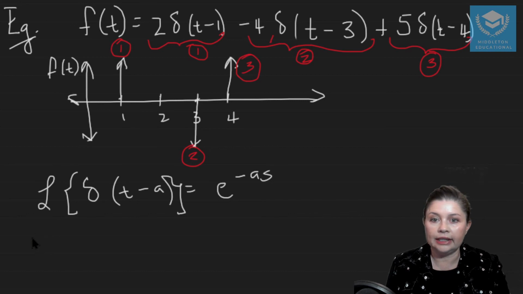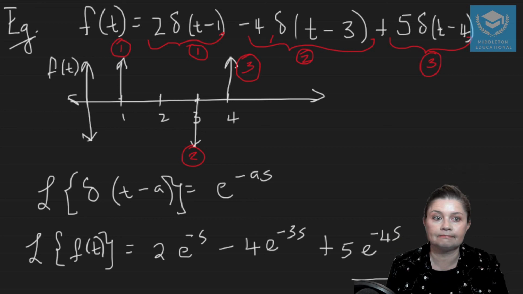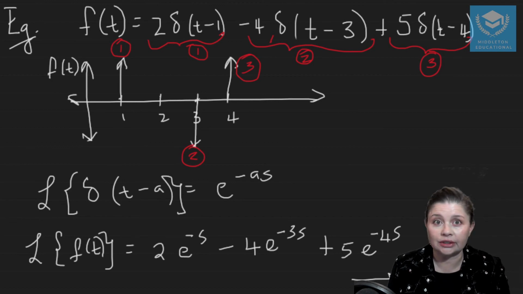So then, if I take the transform of f of t, I'm going to get 2 times e to the power minus s, minus 4 e to the power minus 3s, plus 5 e to the power minus 4s. And that's it. The Dirac delta is a bit more straightforward than the Heaviside step function.